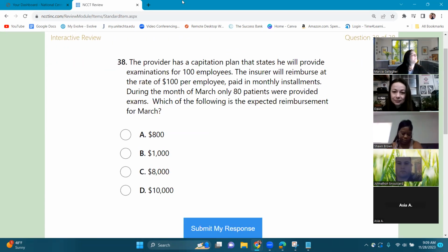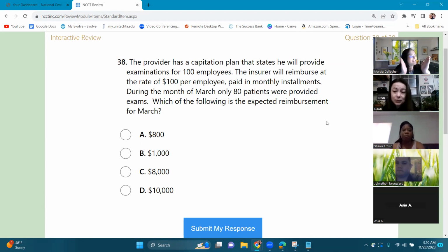The provider has a capitation plan that states he will provide exams for 100 employees. The insurer will reimburse the rate of 100 per employee, paid in monthly installments. During the month of March, only 80 patients were provided exams. Which of the following is the expected reimbursement?